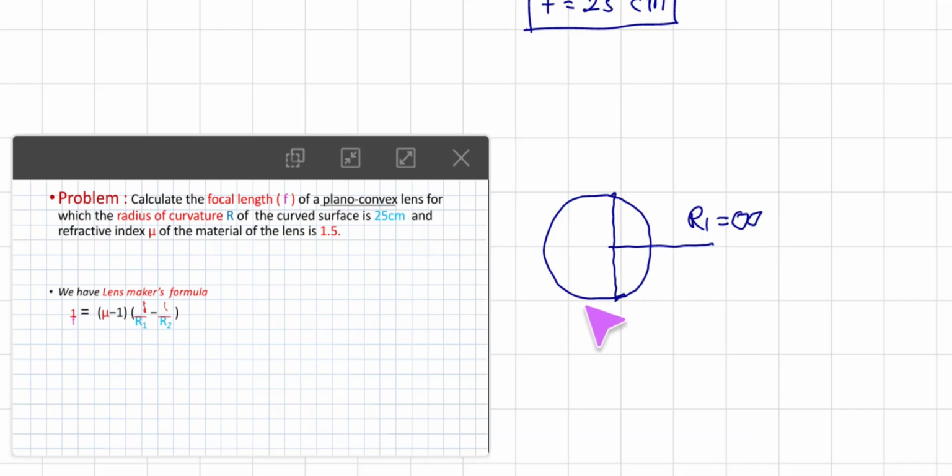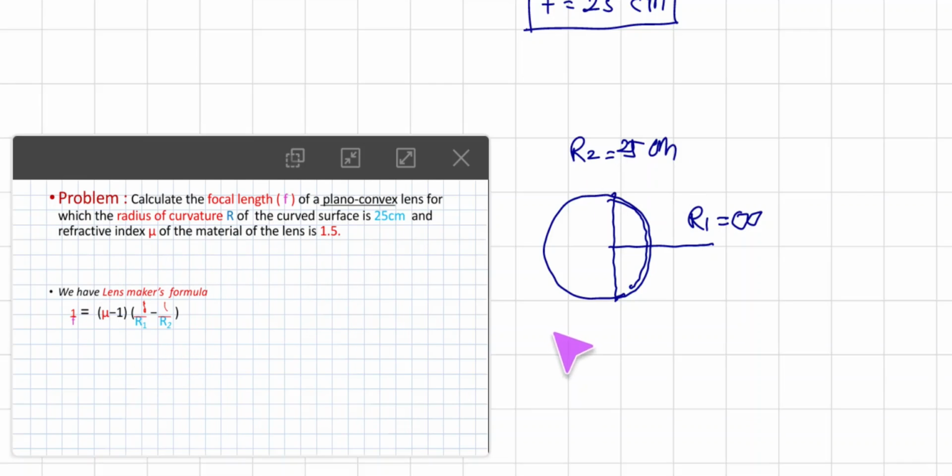For the curved surface, the radius of curvature r2 is equal to 25 centimeter, which is given, and the refractive index is again 1.5.